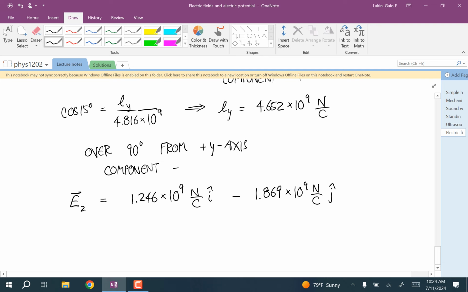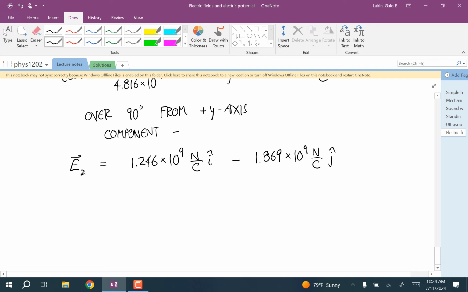Not quite done. Now we just have to add these two things together. So the total electric field vector is the electric field vector due to the fixed charge at 1 plus the electric field vector due to the fixed charge at 2. That just means adding up the I stuff, and that's your I component, and adding up the J stuff, and that's your J component.